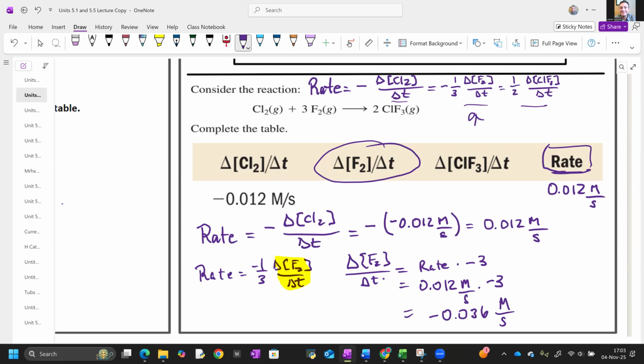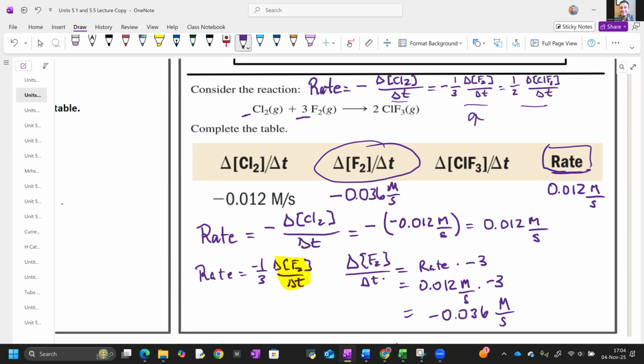So what we notice is that this is a negative value, and that it's 3 times greater than the change in the concentration of Cl2 per second. And why is that? Well, the coefficient of F2 is 3, while the coefficient of Cl2 is 1.